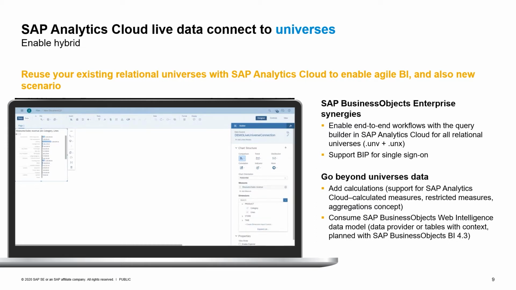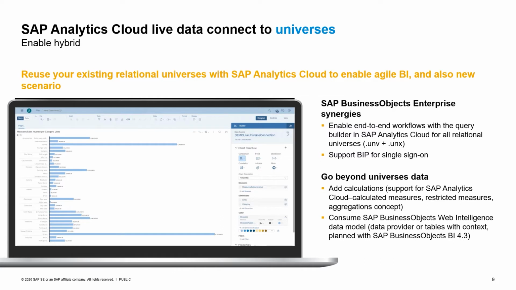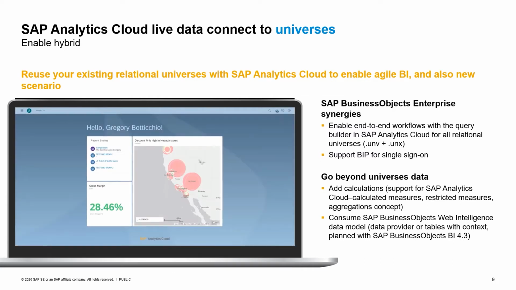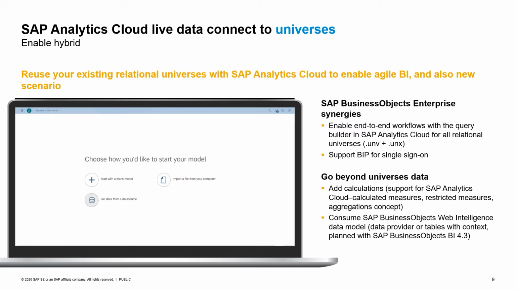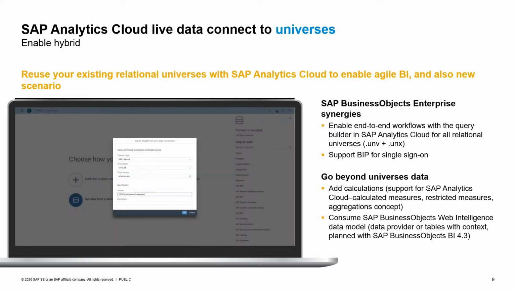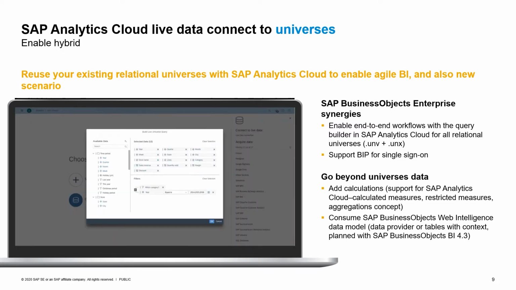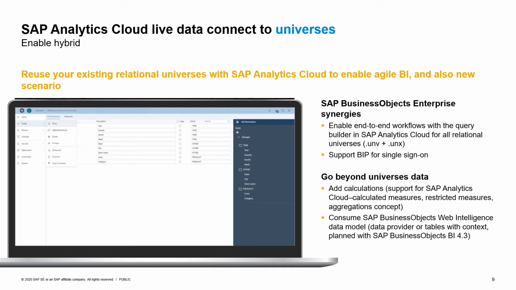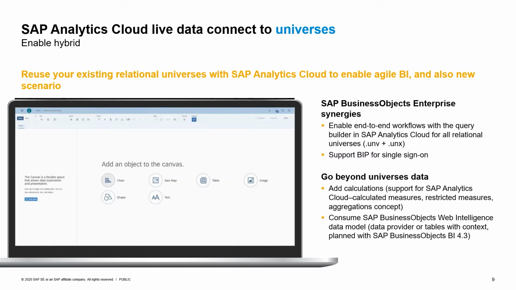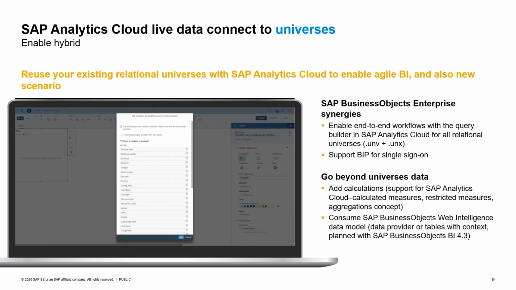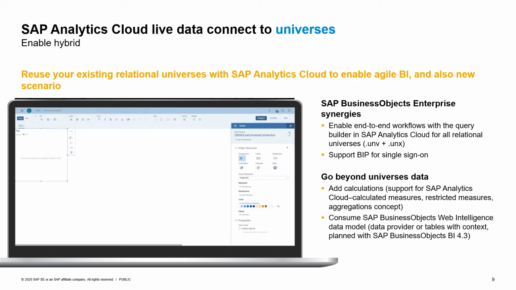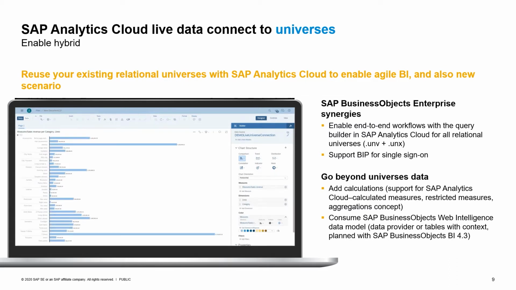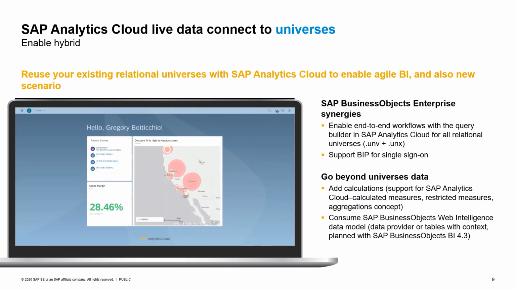The synergy between SAC and BIP is also present at authentication level, as we support single sign-on from SAC to BIP. This means SAC users do not need to enter their credentials every time they are accessing BI platform data from SAC. With the single sign-on method and using the SAP Cloud Platform Identity Provider technology, there is no extra login pop-up displayed to the users.